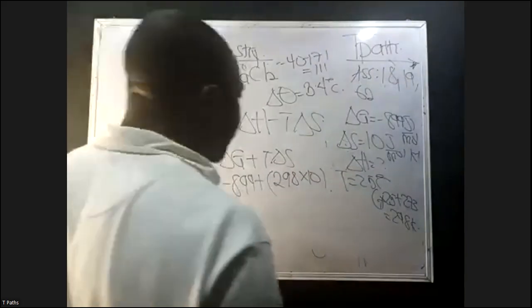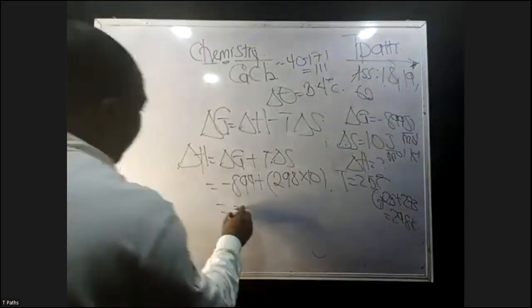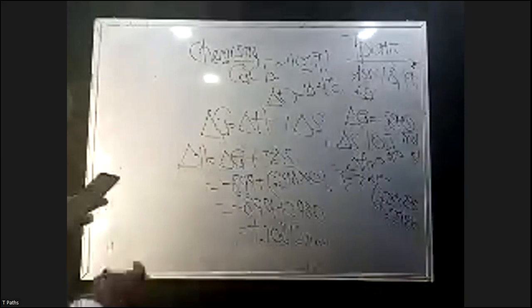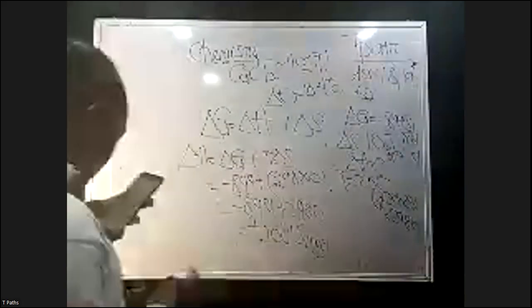So if you evaluate this, it gives us minus 899 plus 2980, which is 2081 joules per mole. So this is the enthalpy of the reaction. That is option A.